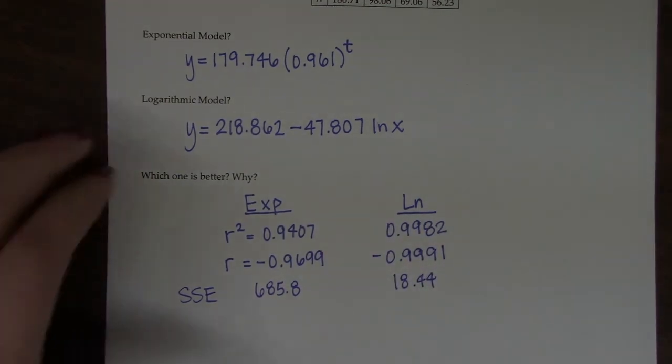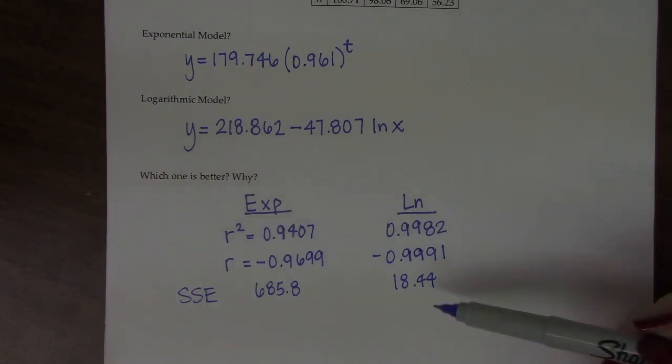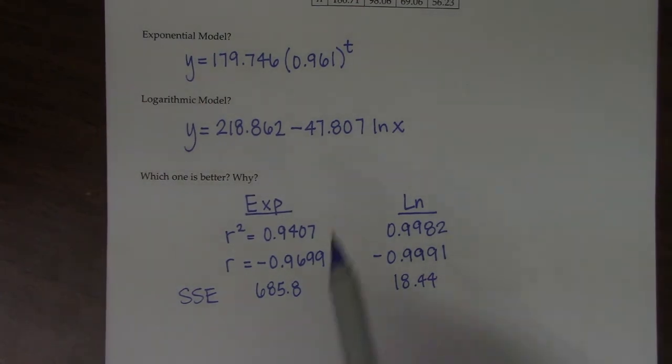So no matter which one of these three metrics we look at, we can see that the logarithmic model explains more of the error. It's got a bigger r squared value, so it's better. The r value is even better. They both have negative relationships, but this has a much stronger relationship than this model. So it wins on this metric.